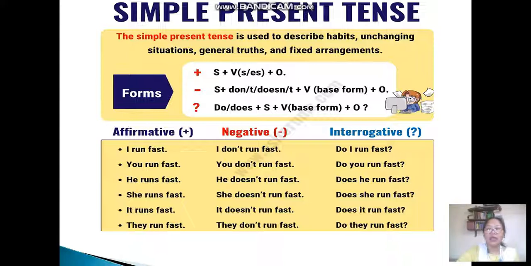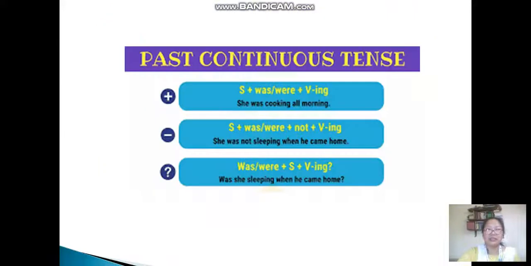In negative sentences, we use don't or doesn't in front of the base form of the verb. And in interrogative sentences, that means questioning sentences, we use do or does at the beginning of the sentence. This is about simple present tense in three kinds of sentences: positive, negative, and interrogative.